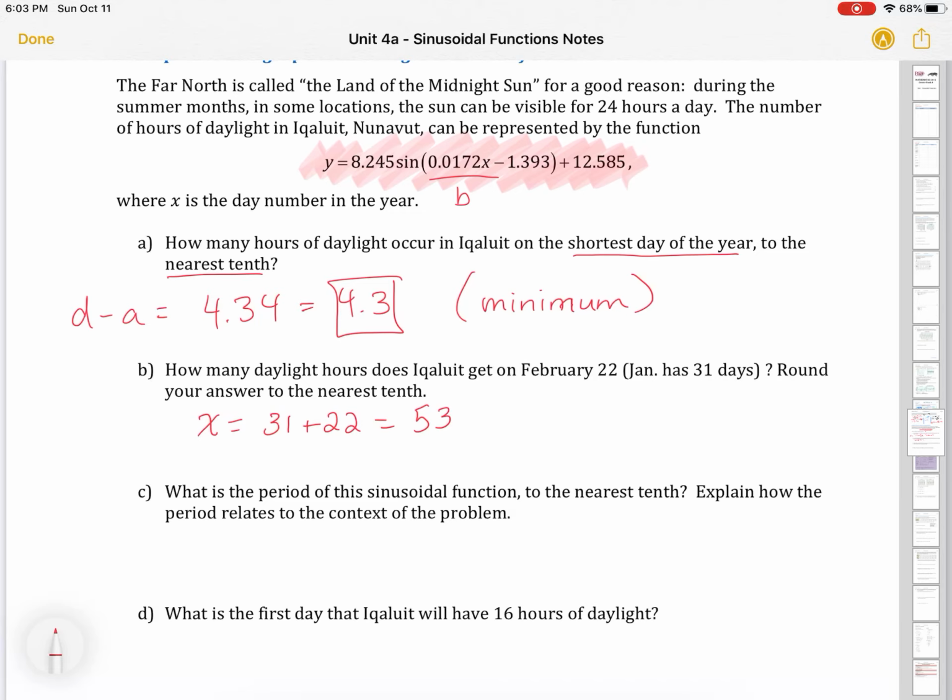I'm just going to check what I'm in. I need to be in radians. Sorry, guys. I have it in degrees, and that will give me the wrong answer.